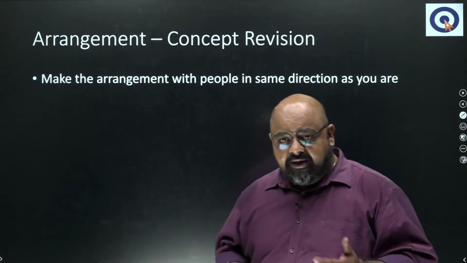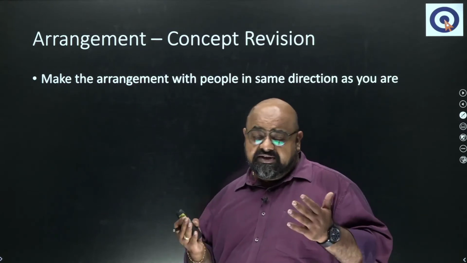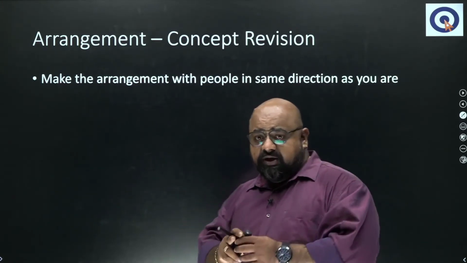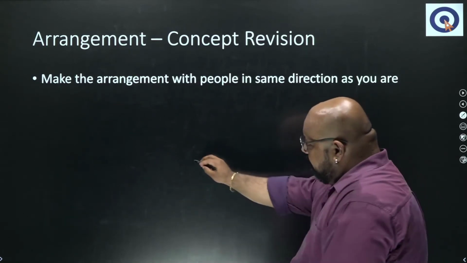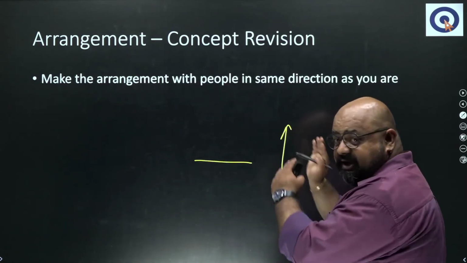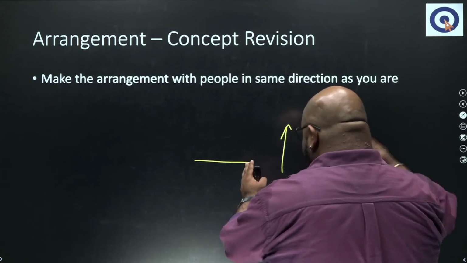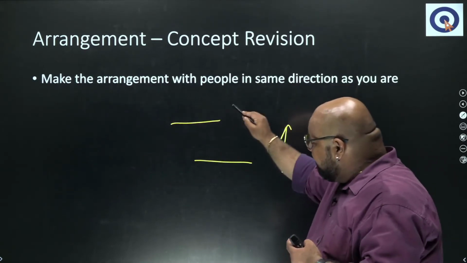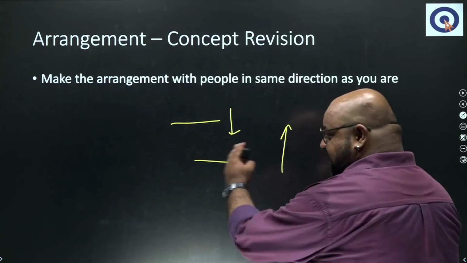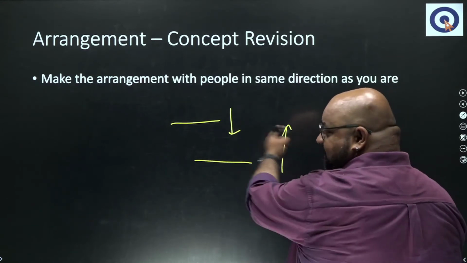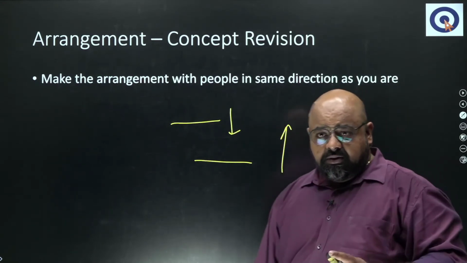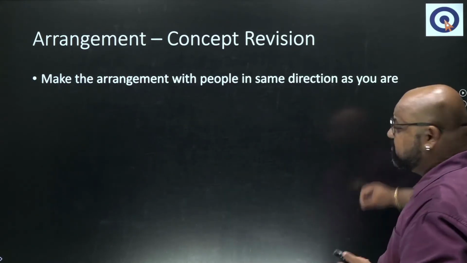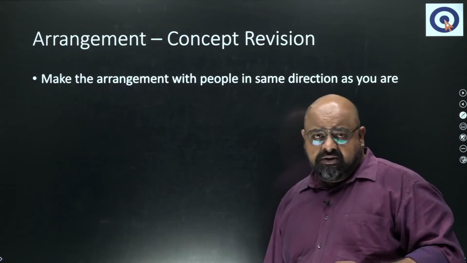So when you're drawing a diagram, make sure as much as possible, make that person in the diagram face as you are. So when I'm drawing something, I would assume that the persons are facing upwards. So what happens is now their left and right is the same as mine. If I draw the diagram like this, because I am facing here, my right will be that person's left, right? North and south, as I said earlier, does not matter, they are relative positions.